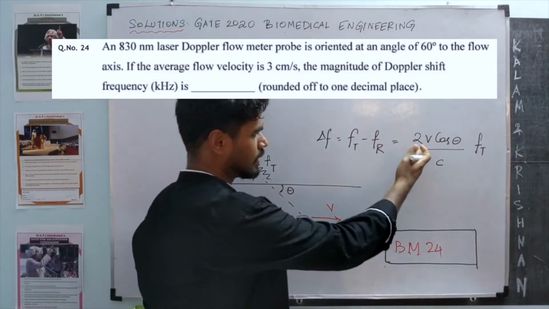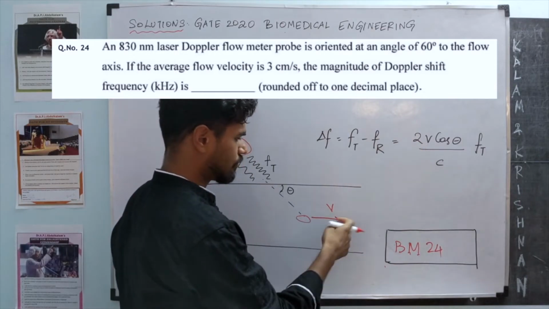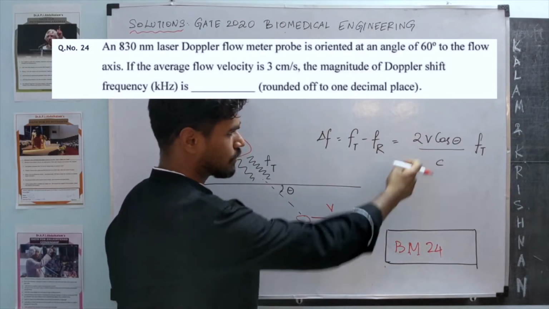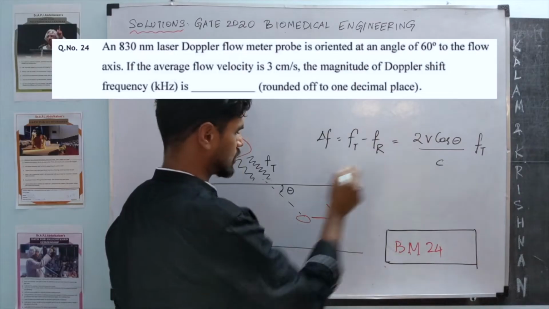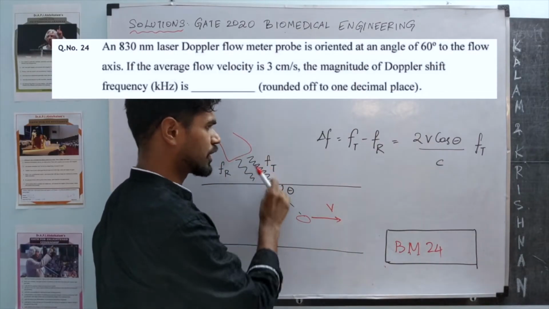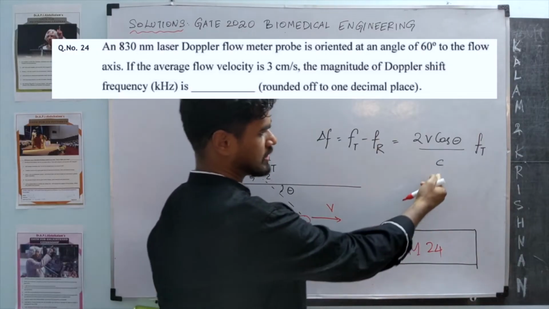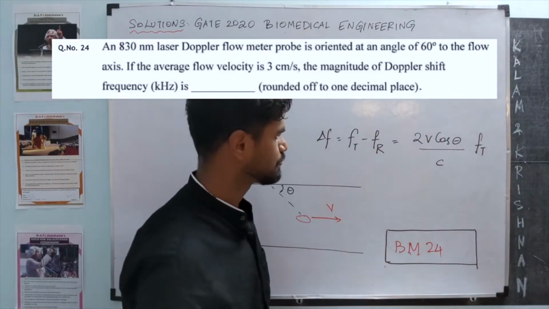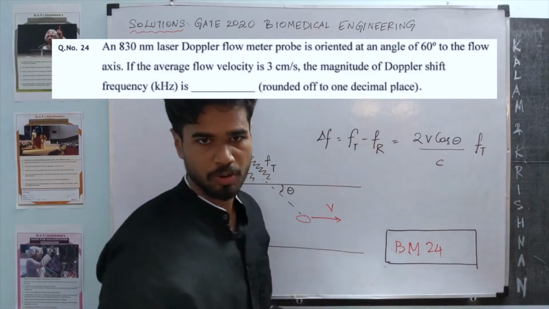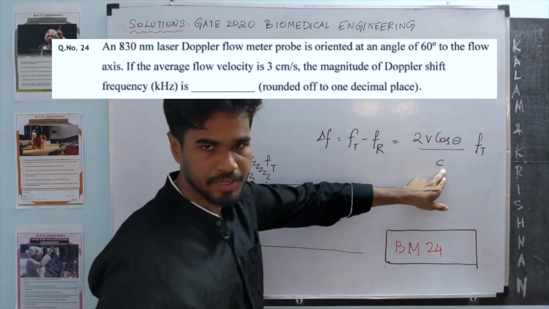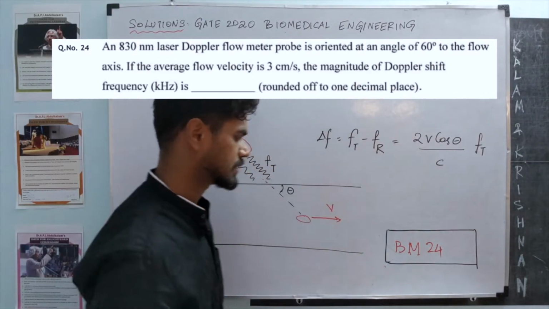That is given by 2 times v, the velocity of flow, times cos theta, the angle at which the probe is oriented with respect to the flow axis, divided by c, the speed of, it's a laser Doppler probe, right? So it's the speed of light times the transmitted frequency.